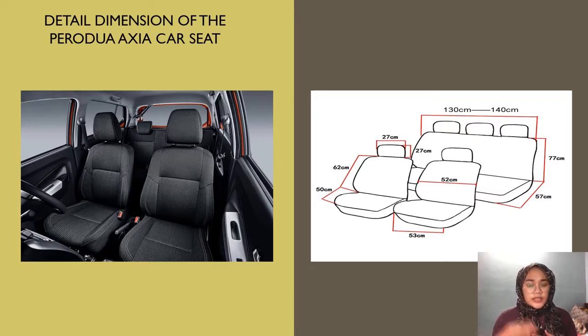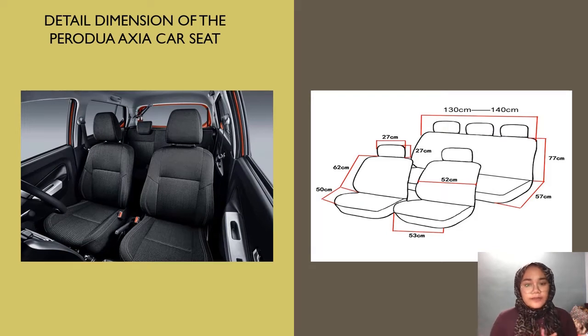For the passenger car seat at the back, the height of the backrest is 77 centimeter, and the length of the passenger car seat at the back is 130 centimeter to 140 centimeter. So it has a big difference for the length of the bottom of the car seat.